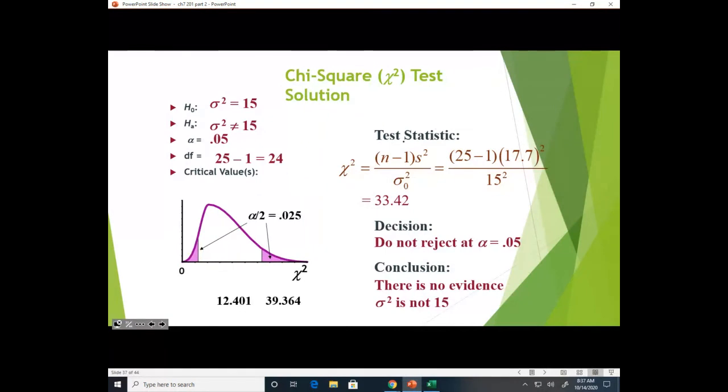Our test statistic, n minus 1 times the standard deviation, or that's the sample variance, divided by the variance squared. We get 33.42 as our test statistic, and because this value is not greater than that value, we fail to reject the null hypothesis.